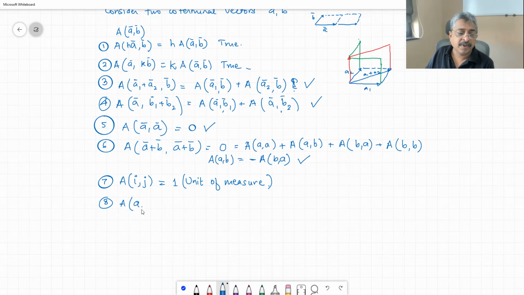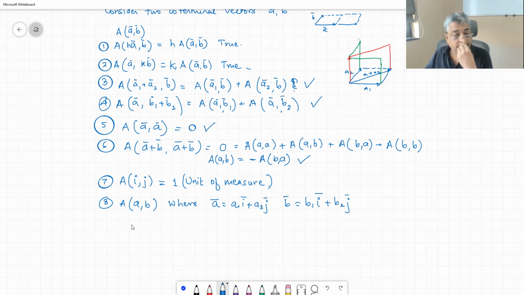area of A comma B, where A is equal to A1 i plus A2 j, and B is equal to B1 i plus B2 j.